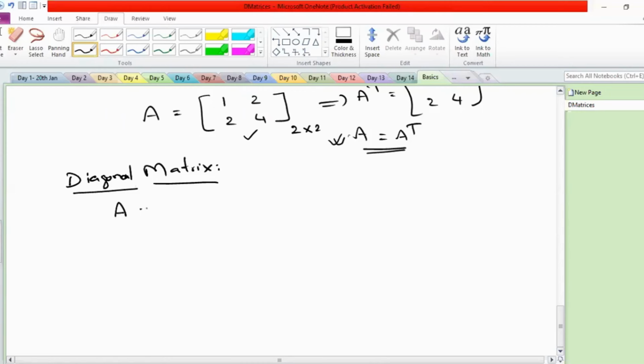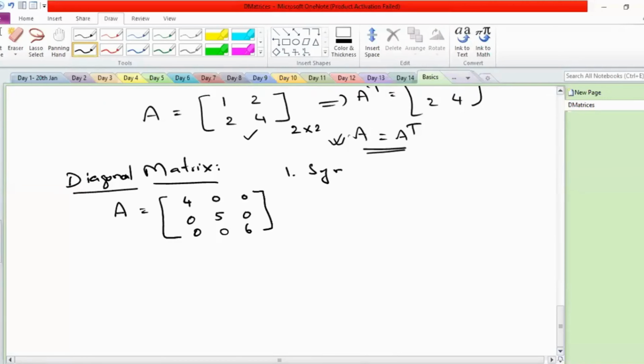Let's say you have a matrix A: 4, 0, 0, 0, 5, 0, 0, 0, 6. So for a diagonal matrix, the conditions are like this.